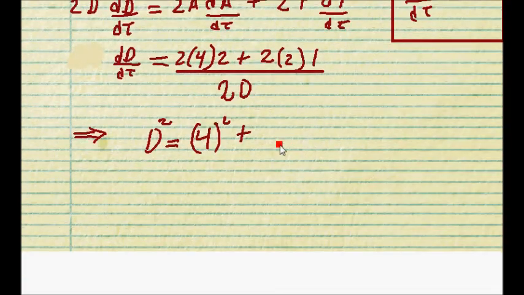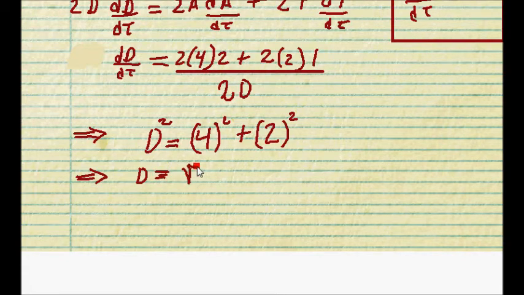This says that D is equal to the square root of 20, 16 plus 4.